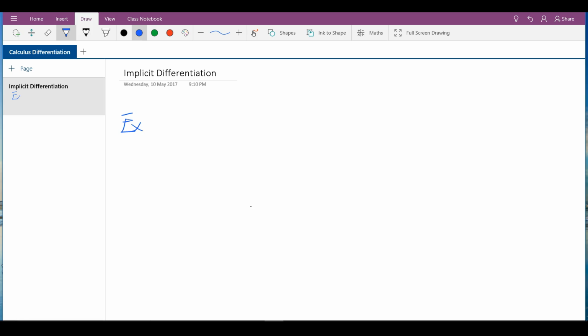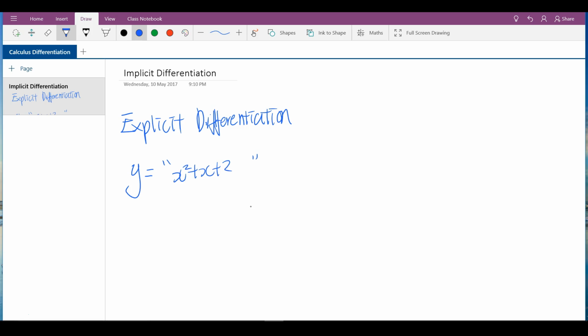Explicit differentiation. What I meant by that is deriving something like this, y equals x squared plus x plus 2, or whatever.